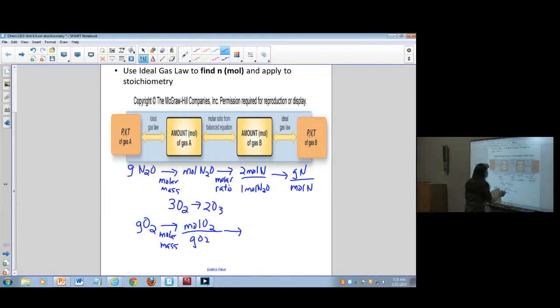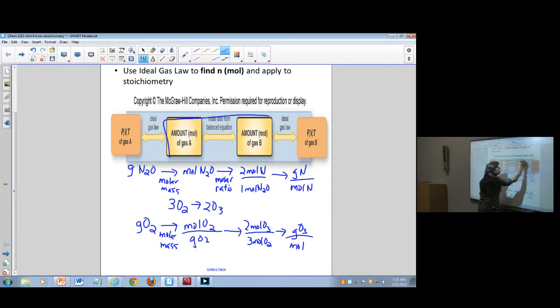That's very important. So we would use our mole ratio, 2 moles of O3 for every 3 moles of O2, and then we would convert to grams by using the molar mass again. So here's this mole business, back in our pressure, volume, temperature type of work. Again, this is the heart of that ratio.